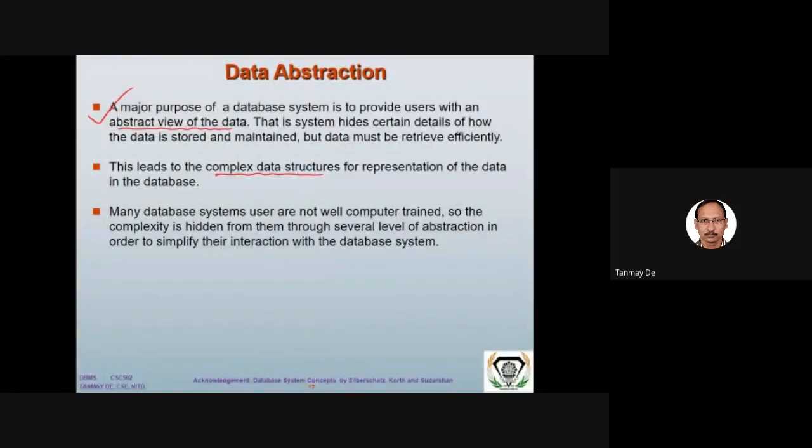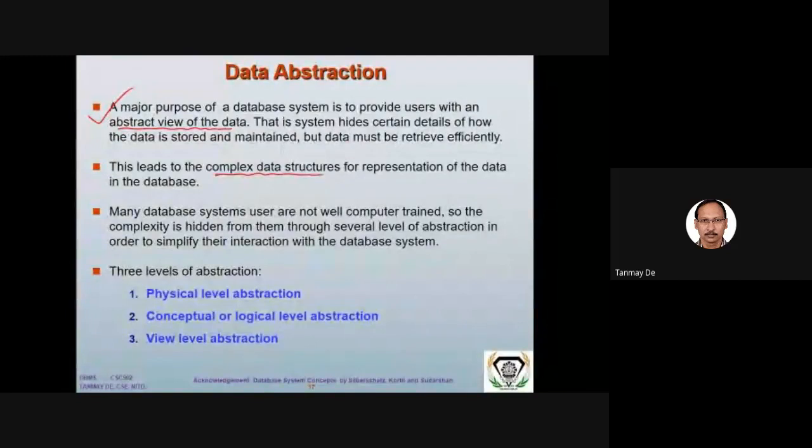What are the different levels of abstraction? The physical level, the conceptual or logical level, and the view level. Is it clear? The details are hidden in three different levels: physical level, logical level, and view level abstraction.